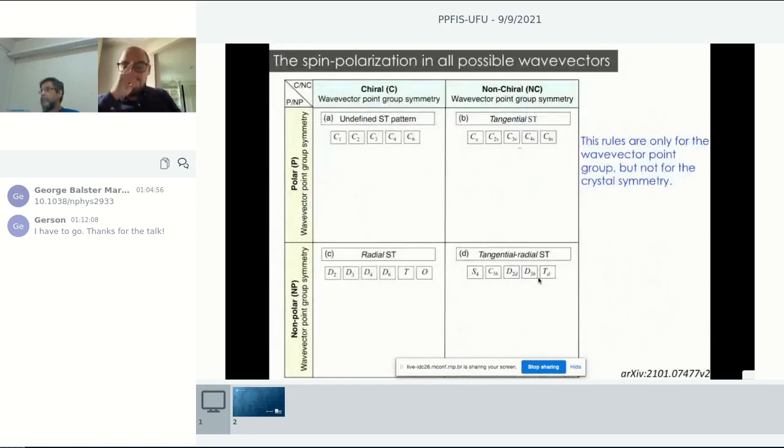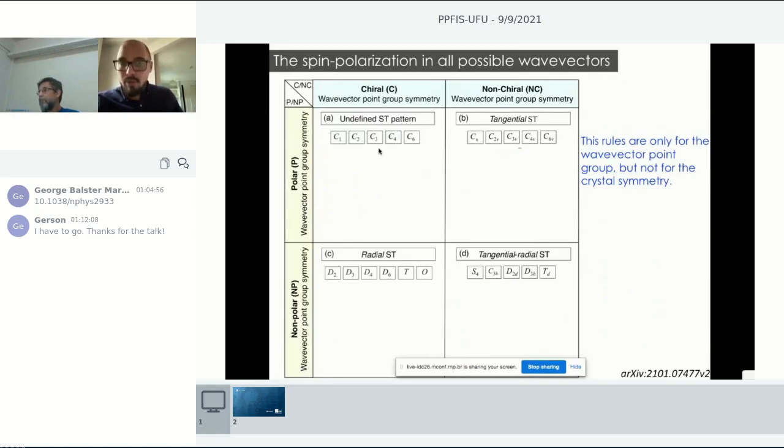To do that, I divided the non-centrosymmetric point groups into 4 categories. These categories are defined by the chirality and the polarity. As you can see here, for instance, in blue, we have the chirality. A point group can be chiral or non-chiral, and can be polar or non-polar.